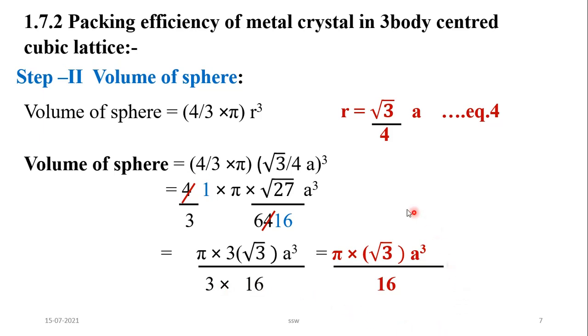So that is what? The volume of a single sphere. Volume of single sphere in BCC structure is how much? Pi into root 3 into A cube divided by 16, because this 3 and this 3 are cancelled. So pi into root 3 A cube divided by 16 is the volume of the sphere.